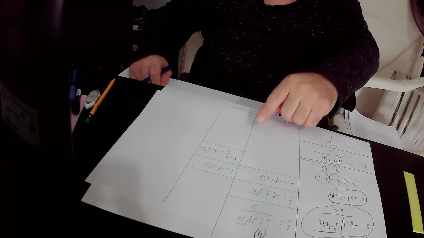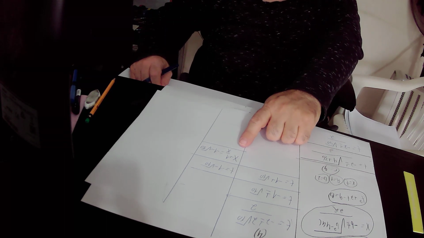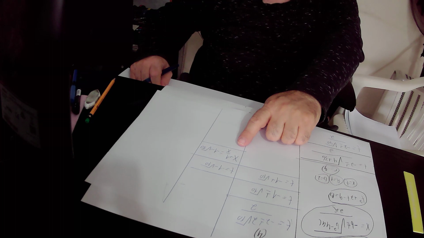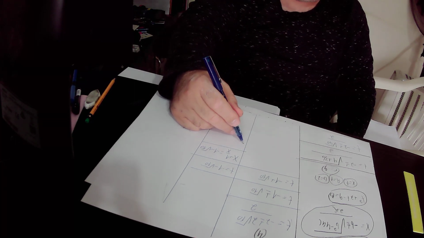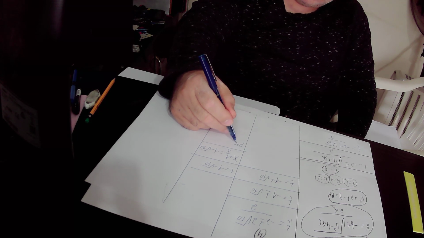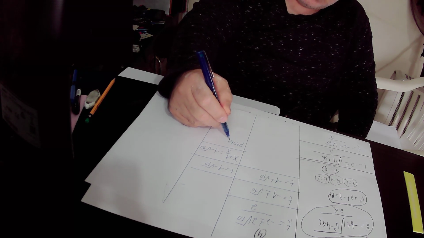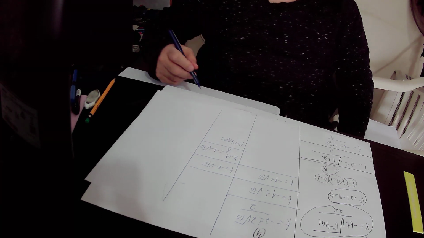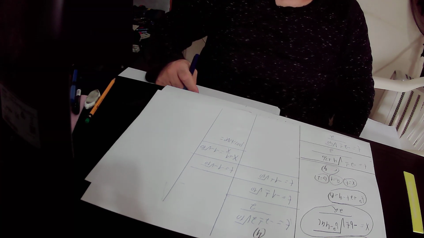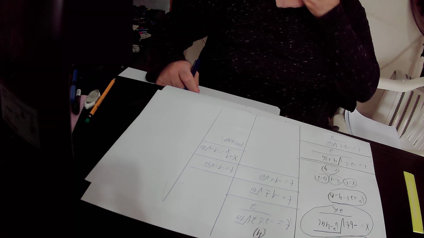So if x is a positive number, x plus 1 over x will be also a positive number. So in this side of the equation we have a positive number. And in the other side of the equation we have the expression minus 1 minus square root of 10 units.